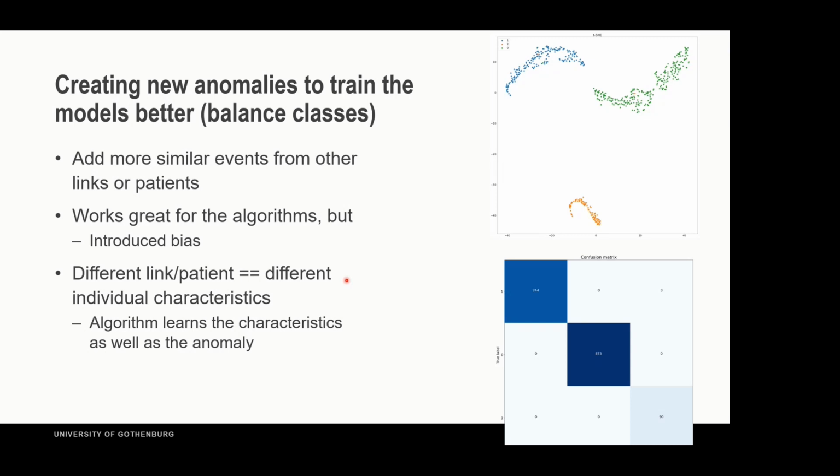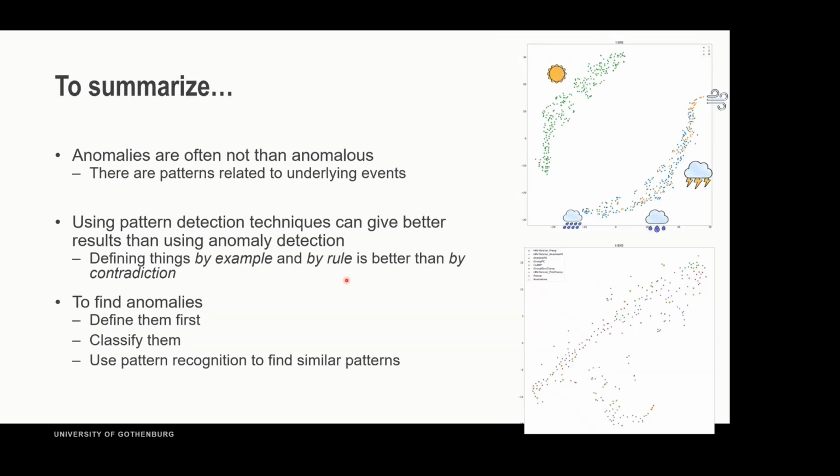It learns what type of link or what type of patient the algorithm is actually looking at. And that is something that we are working on at the moment, when we are trying to equalize or take away the individual characteristics from the patients and the individual characteristics of the data sets from the microwave links.